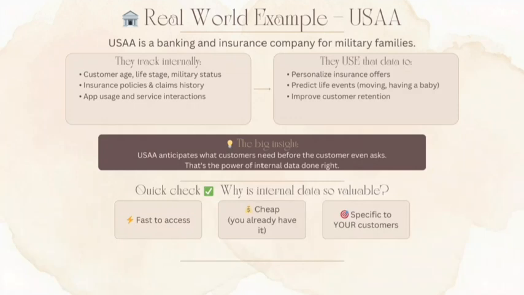And they use that data to personalize insurance offers, predict life events, moving house, having a baby, improve customer retention. The big insight: USAA anticipates what customers need before the customer even asks. That's the power of internal data done right.